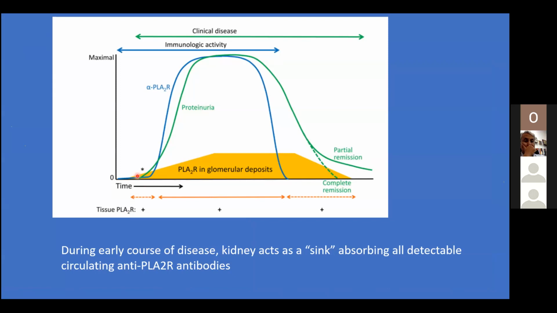It absorbs whatever antibody is present in the serum and it gets trapped in the kidney. Okay. So this one has to remember. Tissue PLA2R can be positive even before serum PLA2R, and it remains positive even after the serum PLA2R became negative. So that also one has to understand.